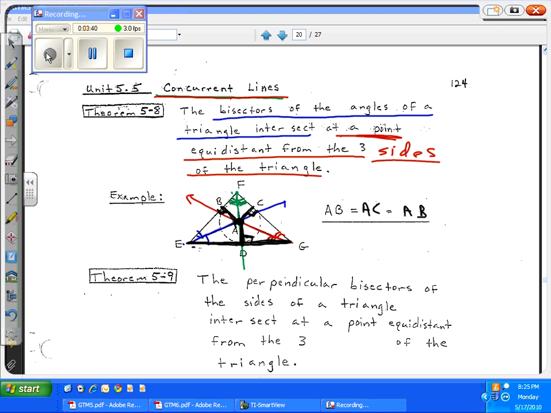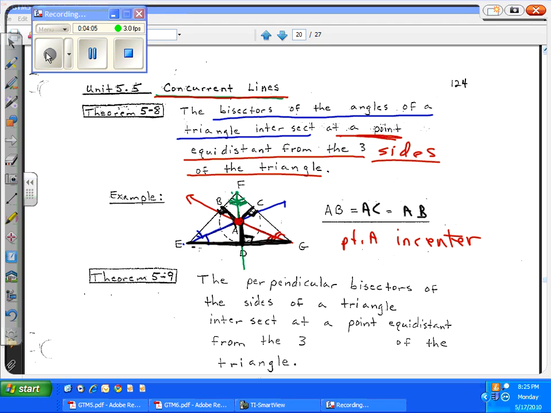The bisectors of the angles of a triangle are equidistant from the three sides of the triangle. We call this the incenter. Point A would be called the incenter. It is called the incenter because it is the center of a circle that could be inscribed.